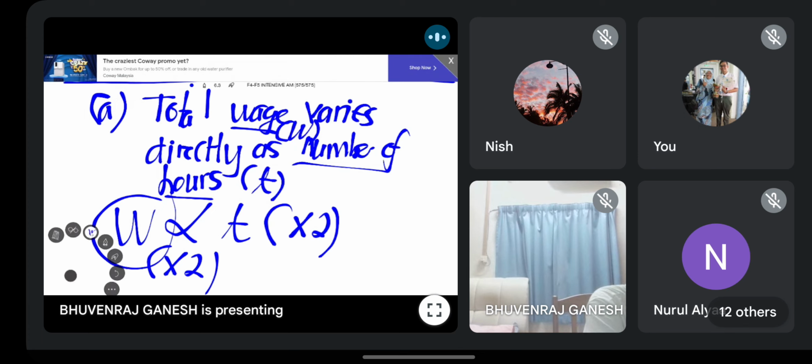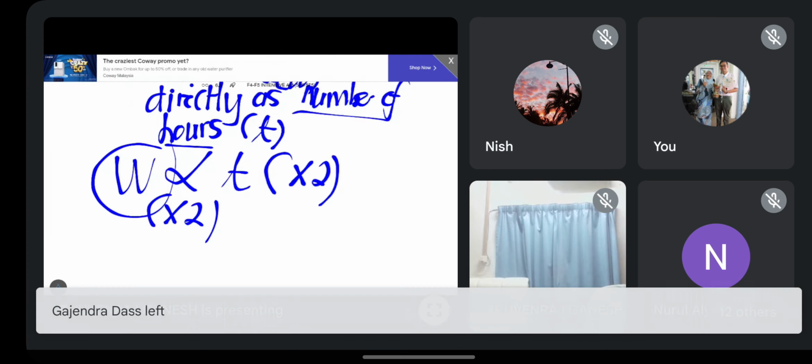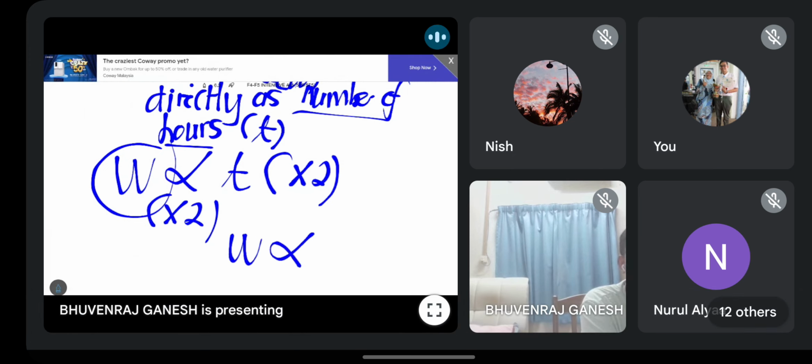Okay, this one simple still. Let's say I change the situation a bit. Let's say W sekarang dia berkadar langsung dengan T kuasa 2 pula. W varies directly as T square. So now guys, let's say the working time increased by 2 times. Dia ganda 2 kali. What happened to the wage over here?